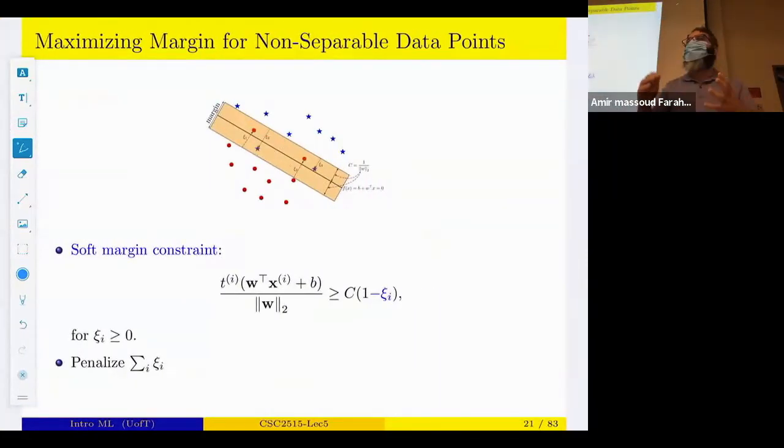So we need to change the constraints a little bit and also change the objective a little bit. One way to do it is this. We had this constraint before.